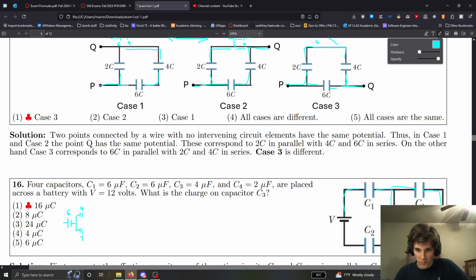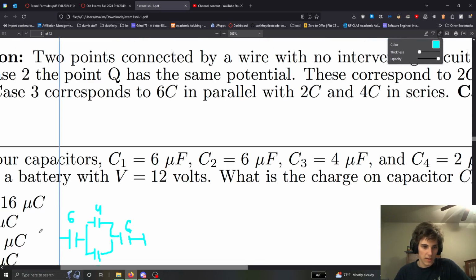And then these merge back together and go into capacitor 2, which is 6, and then the circuit ends. So yeah, this is definitely my recommendation for how to draw these in a way simpler fashion. It makes things a whole lot easier.